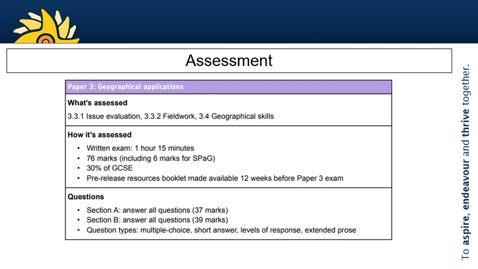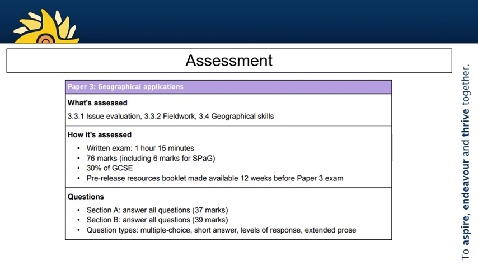And then the final exam is an issue evaluation, field work questions, and geographical skills. The way the issue evaluation works is that in the spring of the year of the exam, the exam board issue a pre-release booklet, as it's called, which has information on a particular geographical topic or subject, which we have to study, and then there are questions on that in this exam.